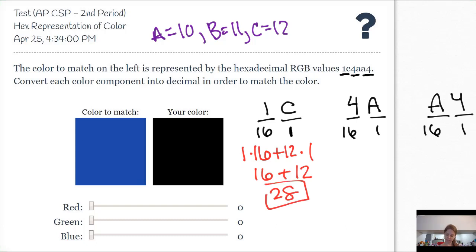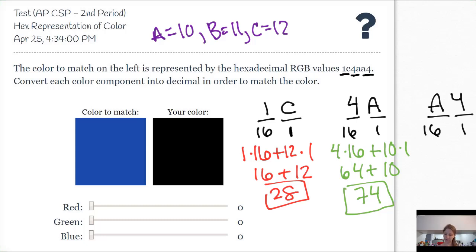Now we'll do green. I have 4 in the 16s place value, so 4 times 16 plus A, which is 10, 10 times 1. 4 times 16 is 64, plus 10 is 74. And now my blue.